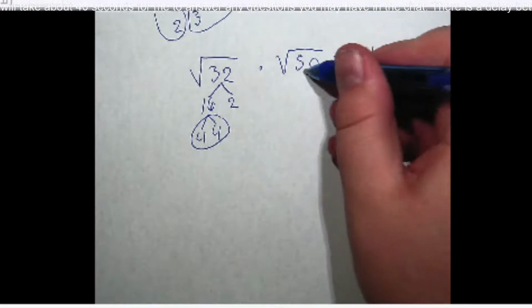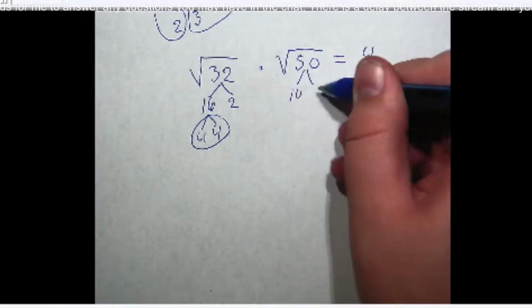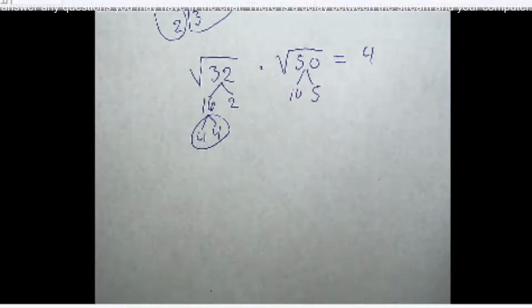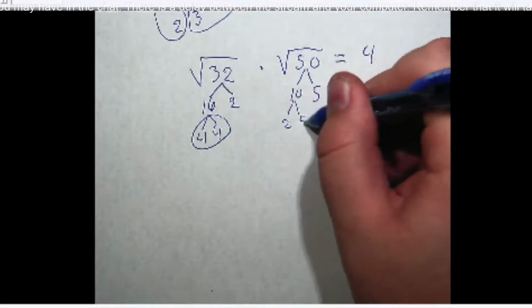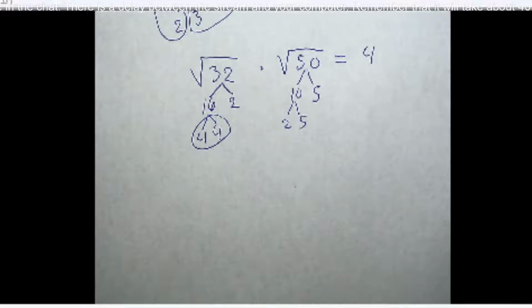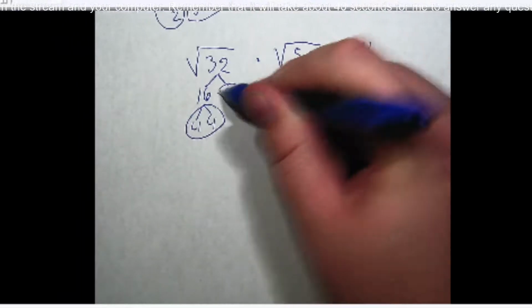How about 50? Okay. About 10. All right. What pairs do I have? 5s and 2s.